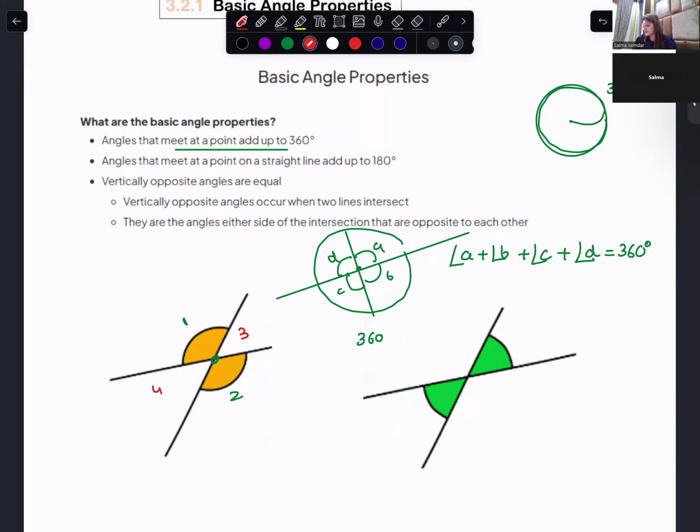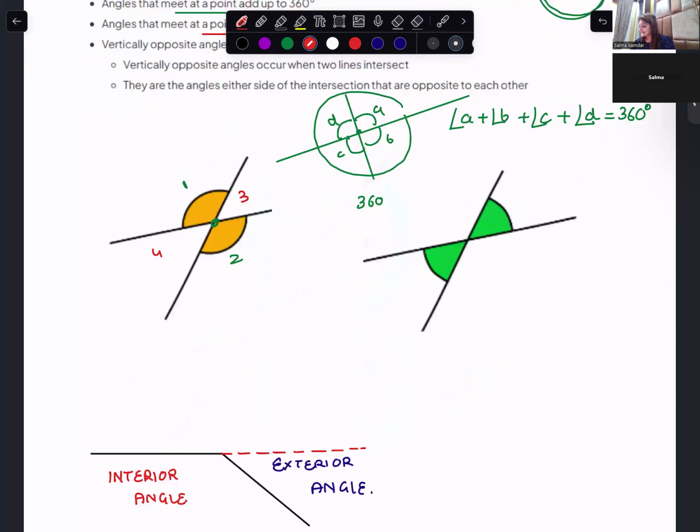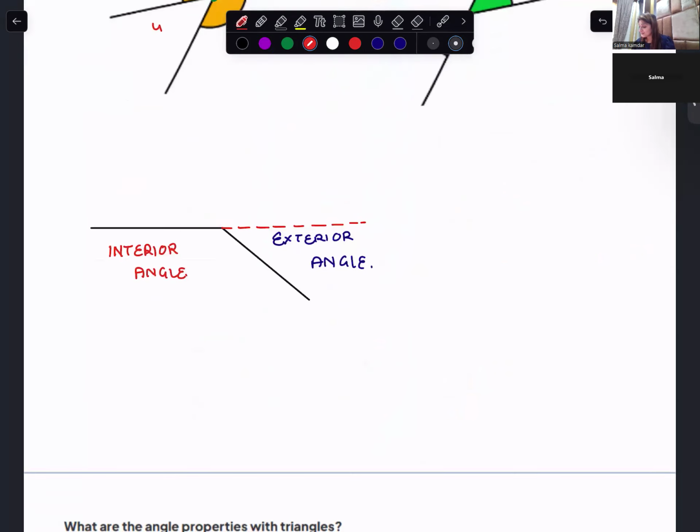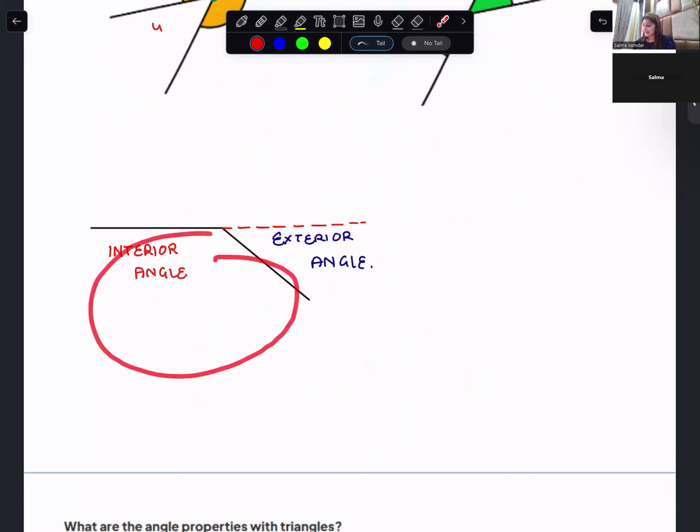Another thing you should know is that angles that meet at a point on a straight line add up to 180 degrees. Now if I have a straight line, and there is a separation over here, what is inside the figure is called the interior angle.